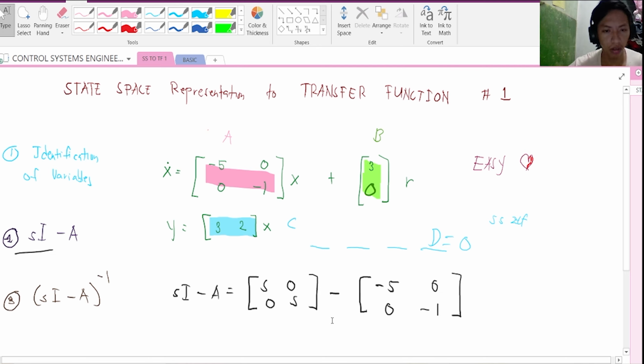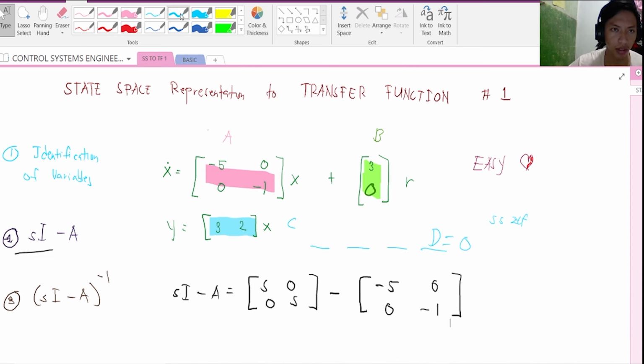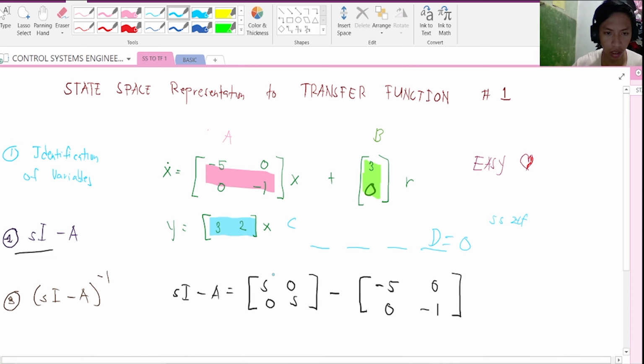Okay, so after this, what we're going to do now is execute it. I know you're all familiar with this one. So this one is for that one, this one, then this one.